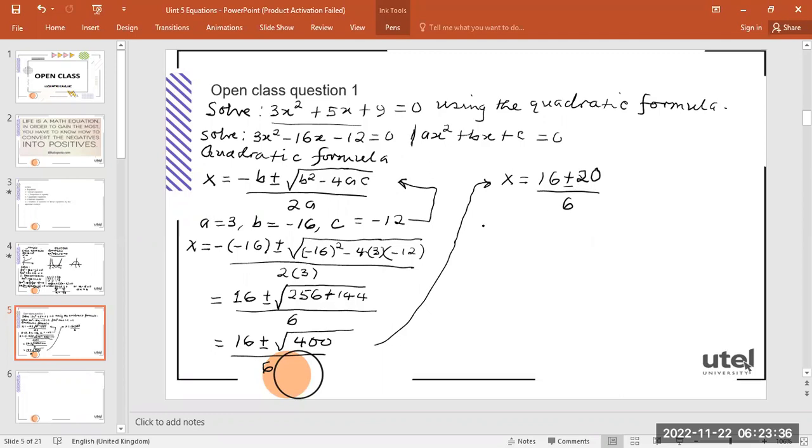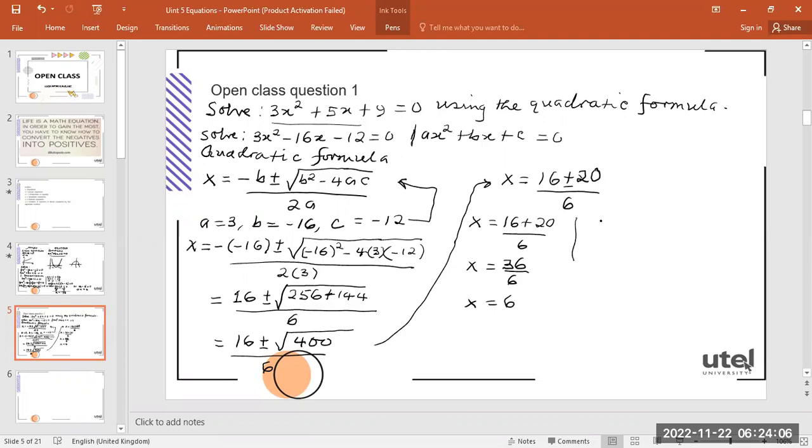For the positive, x is going to be 16 plus 20 divided by 6. That gives us 36 divided by 6, so x is equal to 6, because 6 multiplied by 6 gives you 36. So that is the first solution.